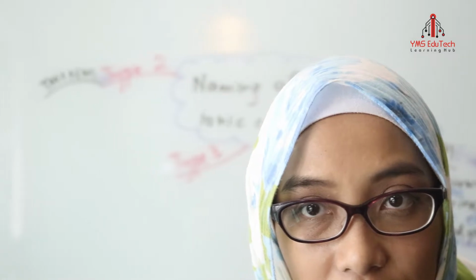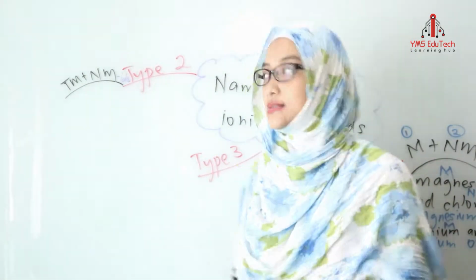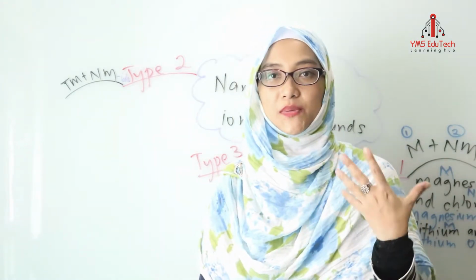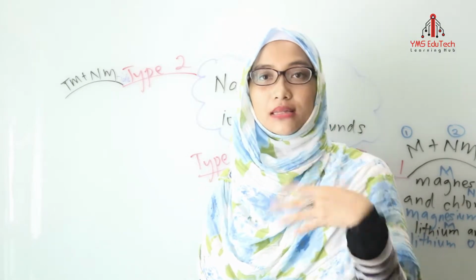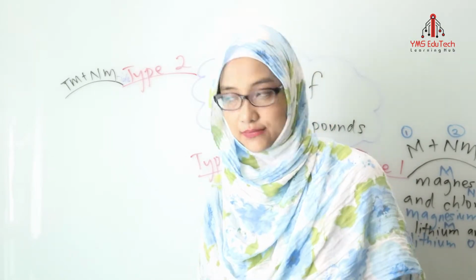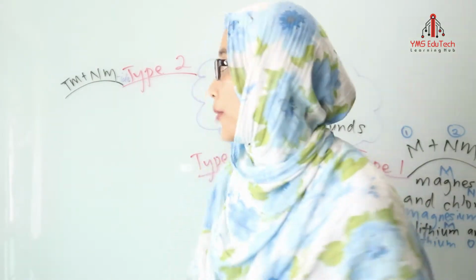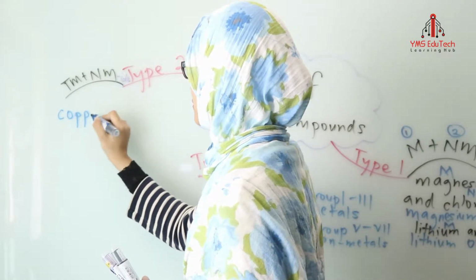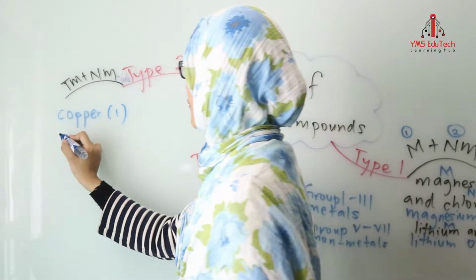Transition metals are the middle block metals. What is so special about transition metals is that they have multiple oxidation states. For example, copper. We can have copper 1, we can also have copper 2.